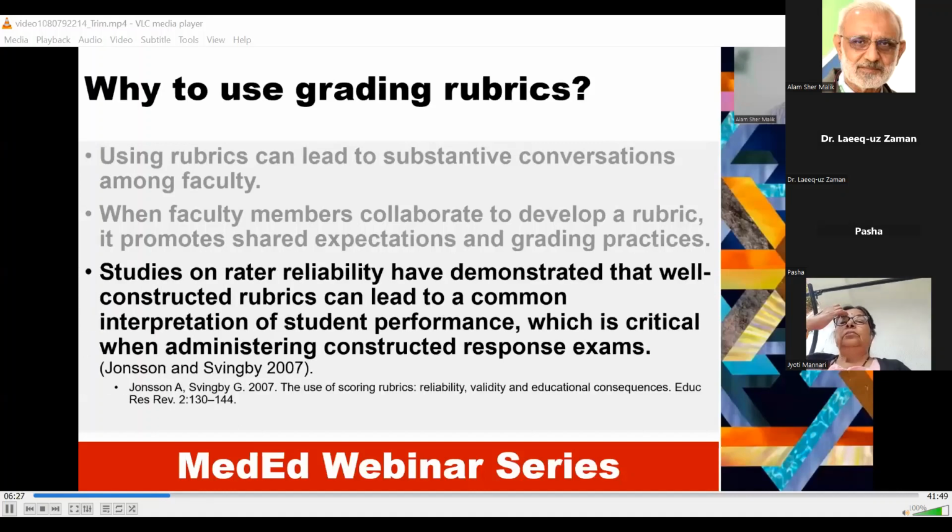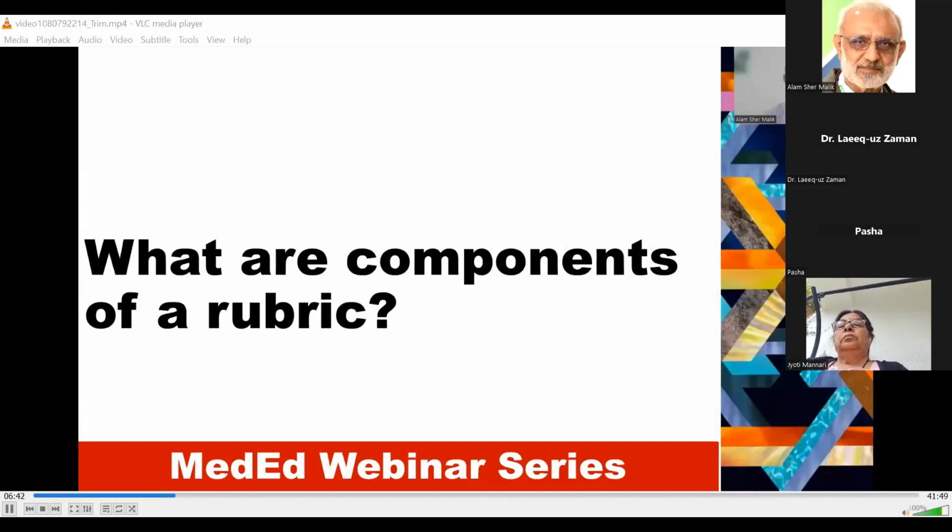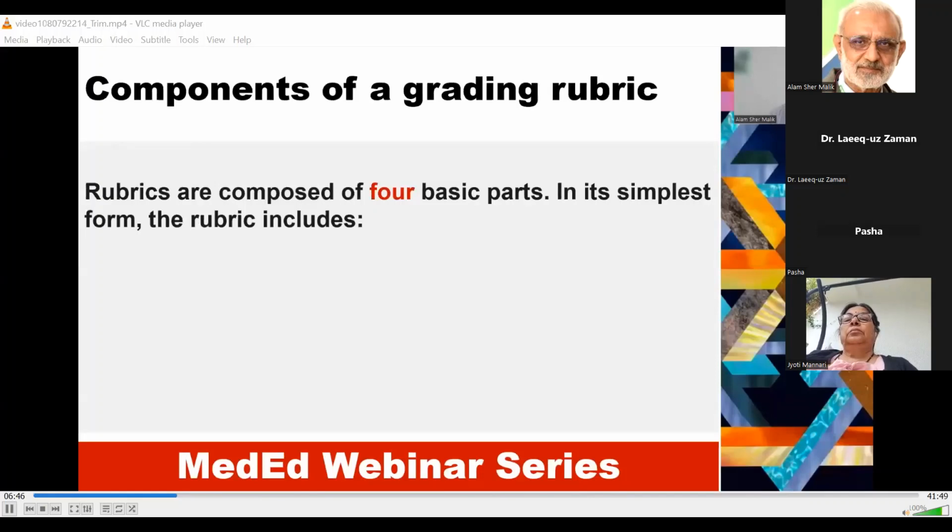Studies on rater reliability have demonstrated that well-constructed rubrics can lead to a common interpretation of student performance, again thus reducing the inter-examiner variability. The next question, what are components of a rubric?